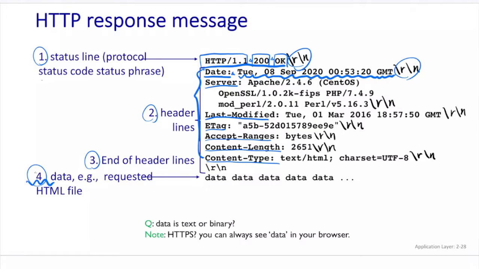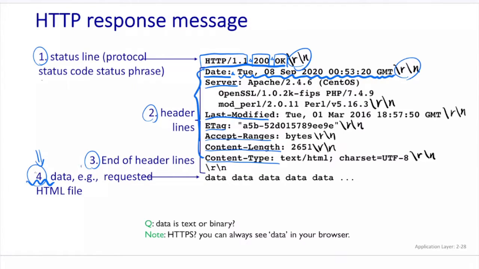Okay, accept ranges bytes and the content length 2651. That means there will be 2,651 bytes attached at the fourth part of the response message. Okay, in total there are 2,651 bytes. Okay, and the content type means the data attached right here is an HTML file. The charset is UTF-8.